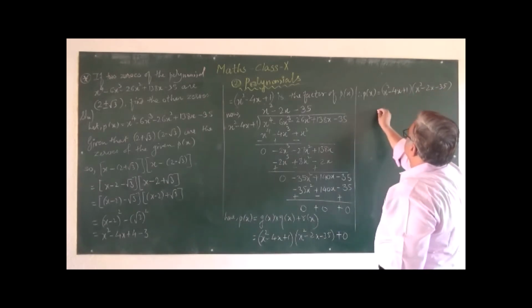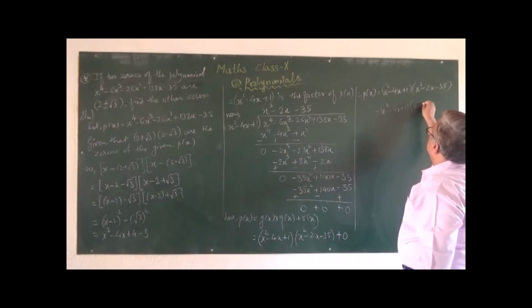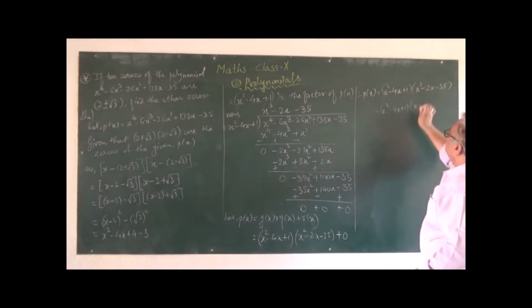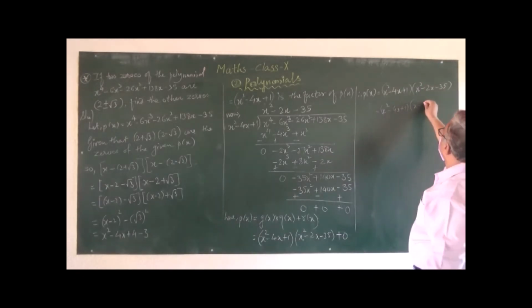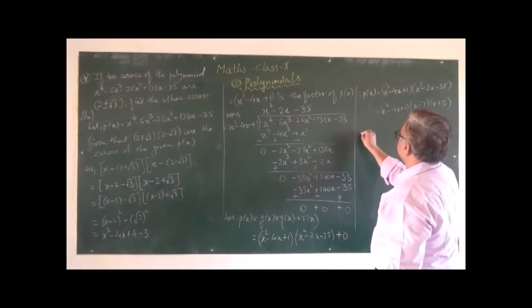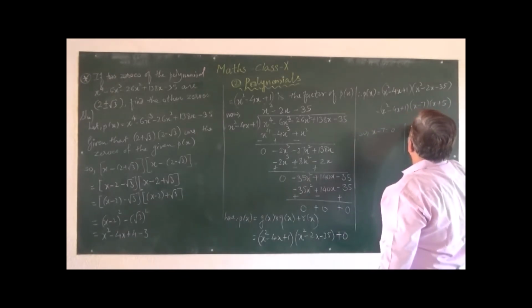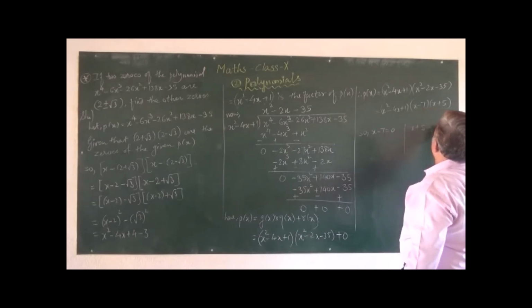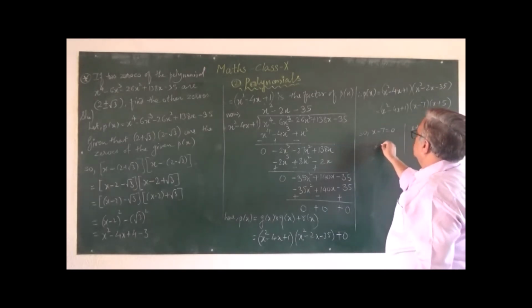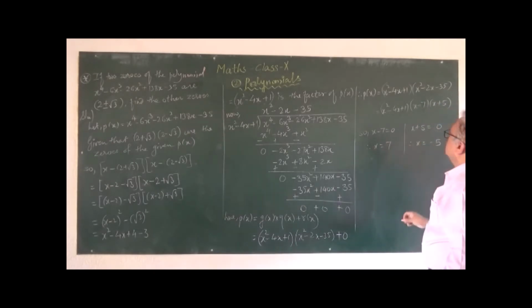So this is nothing but x square minus 4x plus 1 into x minus 7 into x plus 5. So x minus 7 is equal to 0 and x plus 5 is equal to 0. Therefore x is equal to 7 and x is equal to minus 5.